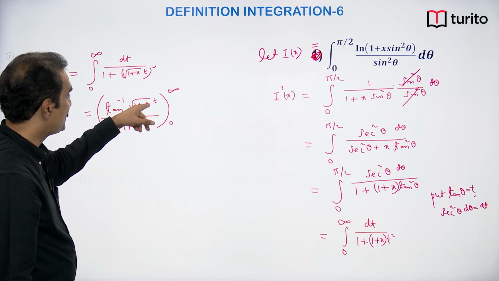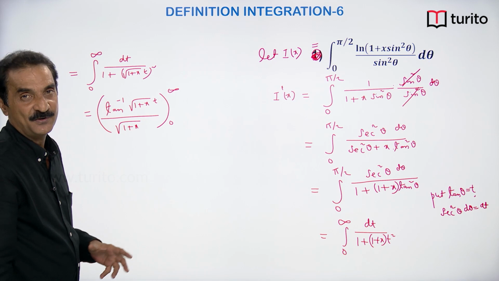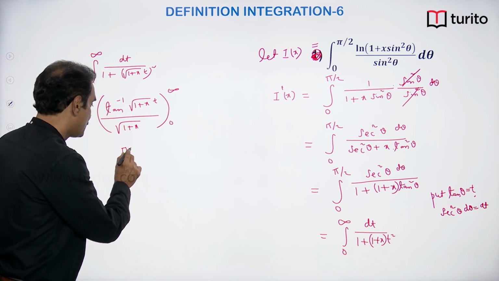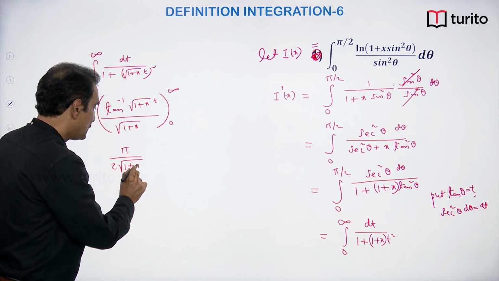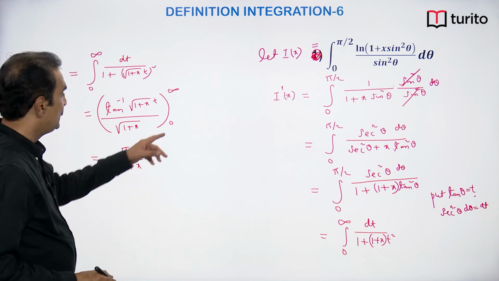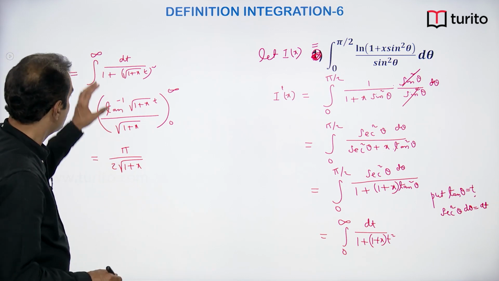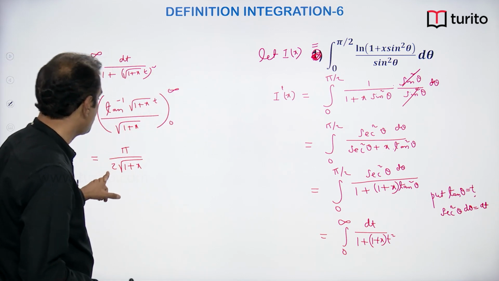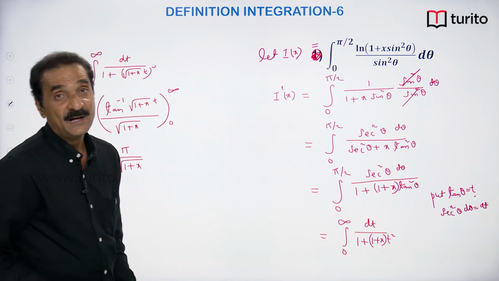If you substitute t equal to infinity, tan inverse infinity tends to pi by 2, so we get pi by 2 root 1 plus x. If you substitute t equal to 0, it will be completely 0. So I dash x is equal to pi by 2 root 1 plus x. Now let us find I of x.